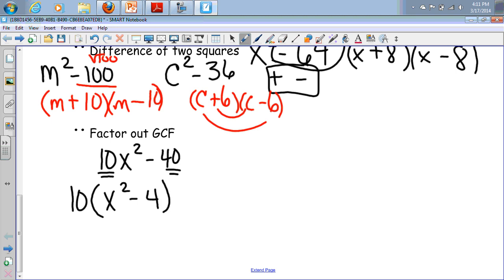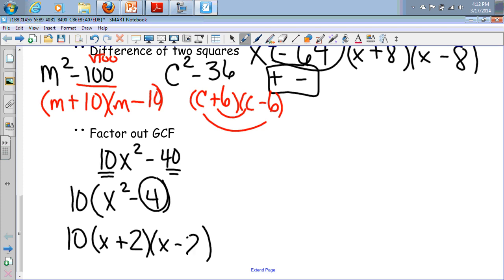All right, now are we left with a perfect square? Most definitely. 4 is. We have to keep 10. It just didn't go away. And then we do our double bubbles. x plus, x minus. What's the square root of 4? 2. So here's our final answer.